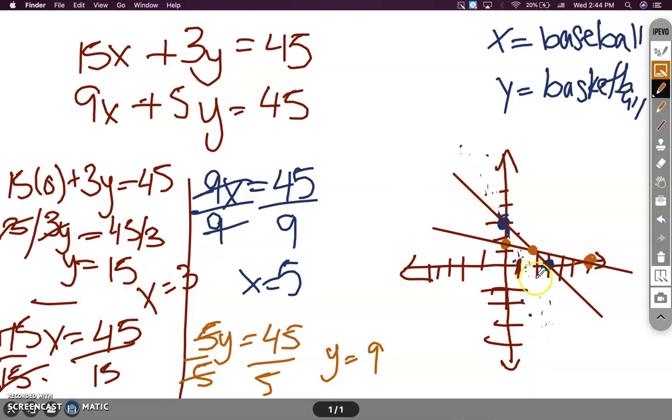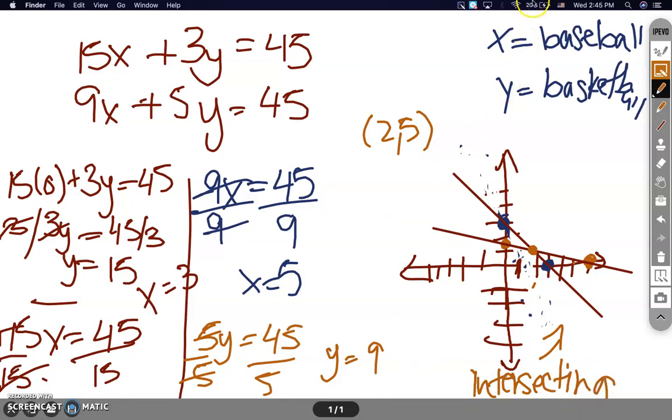In that case, it's going to be around 2, 5. So 2, 5 is where they both meet at the same point. Okay, that's where they're called intersecting. Because in this case, these are intersecting lines. They're intersecting. Alright?